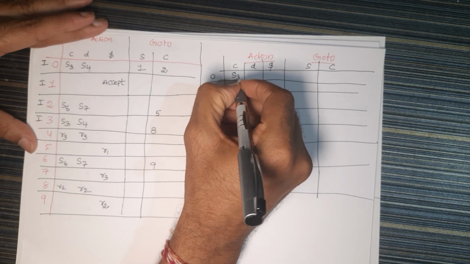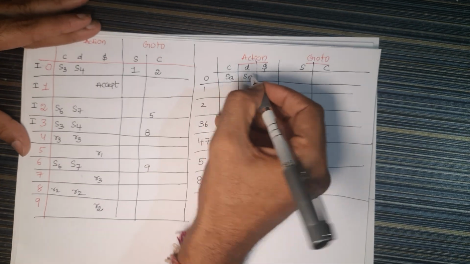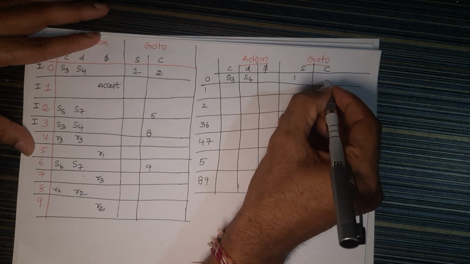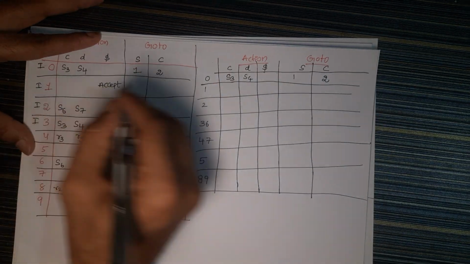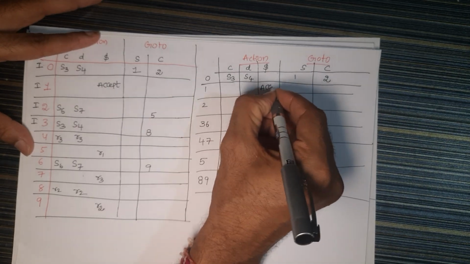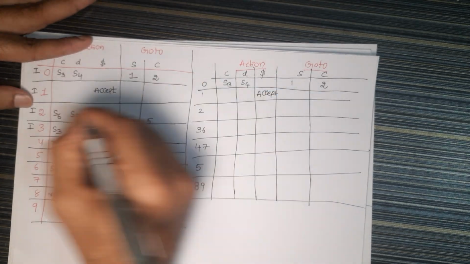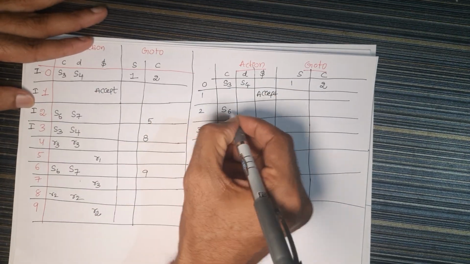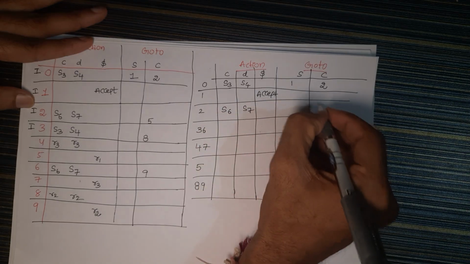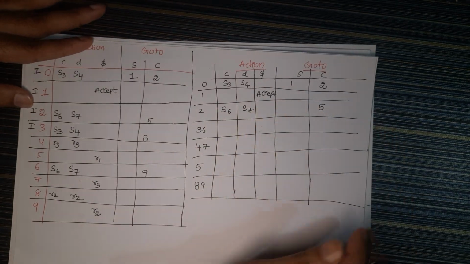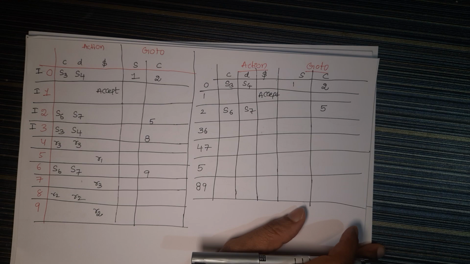This is S3, S4 and 1 as well as 2. I1 is called dollar accept. If you see 2, this is also the same. This is an R5.